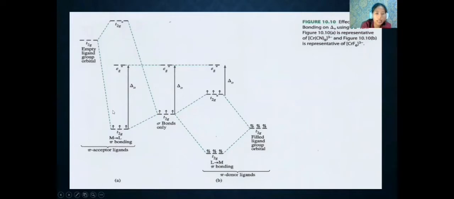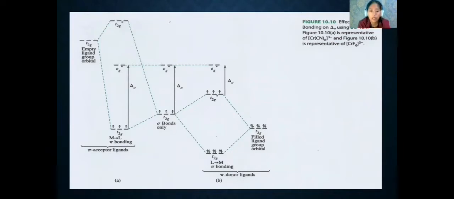On the left side, we have the pi acceptor ligands. As you can see, there is a difference in the delta O from the eg star to the t2g orbitals. For the pi donor ligands on the right, you can see that t2g is lowered, and then we have the t2g antibonding, which is raised.